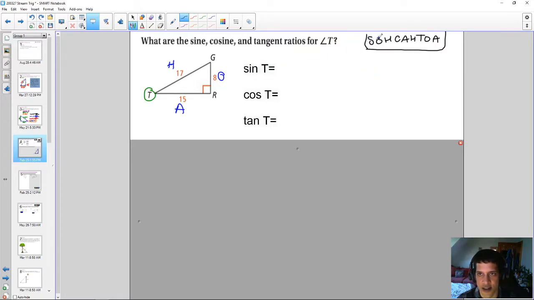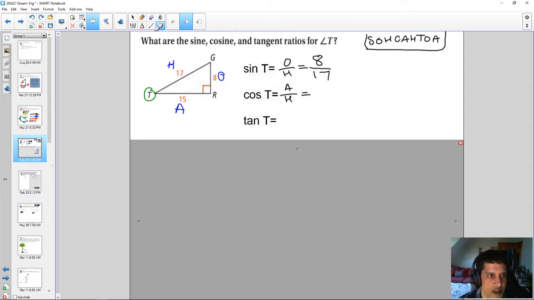So sine is opposite over hypotenuse. And that's going to be 8 divided by 17. Awesome. Cosine is adjacent over hypotenuse. So A over H. And that's equal to 15 over 17. Let me fix that 15 real quick. I'll just rewrite it. 15 over 17.